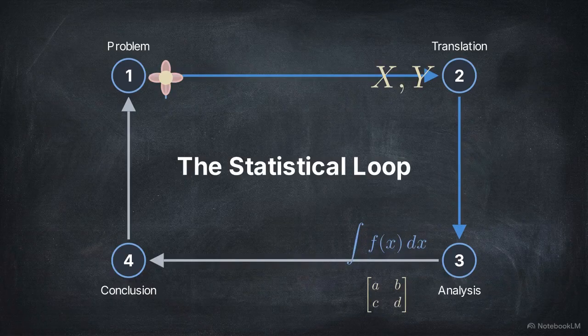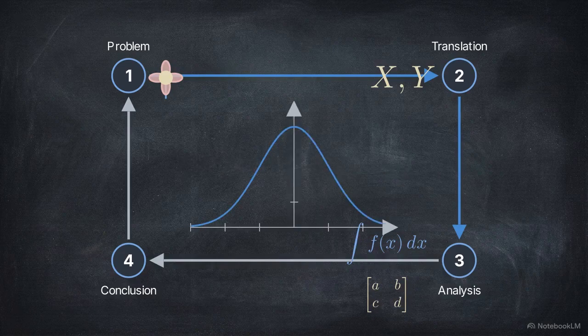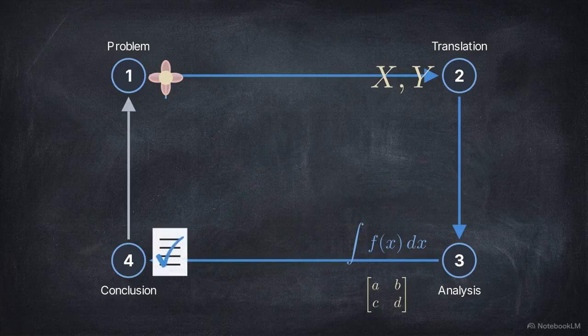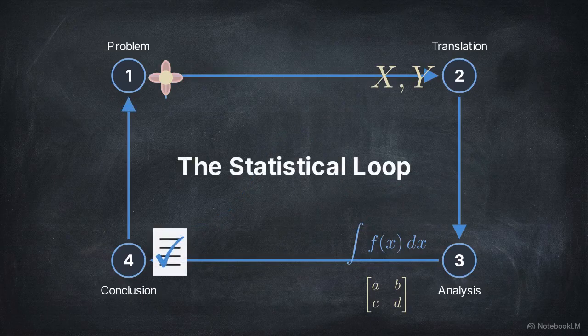Once the data is abstracted, analysts process those objects using calculus and matrix algebra. Here, algorithms hunt for statistical significance, testing whether an observed pattern is real or just random noise. Finally, the numerical output is projected back onto the physical world, providing a concrete answer to the original biological question.